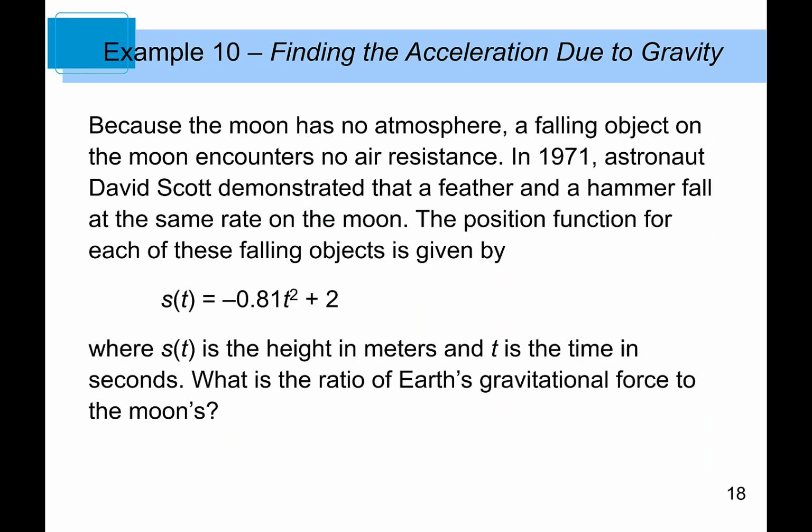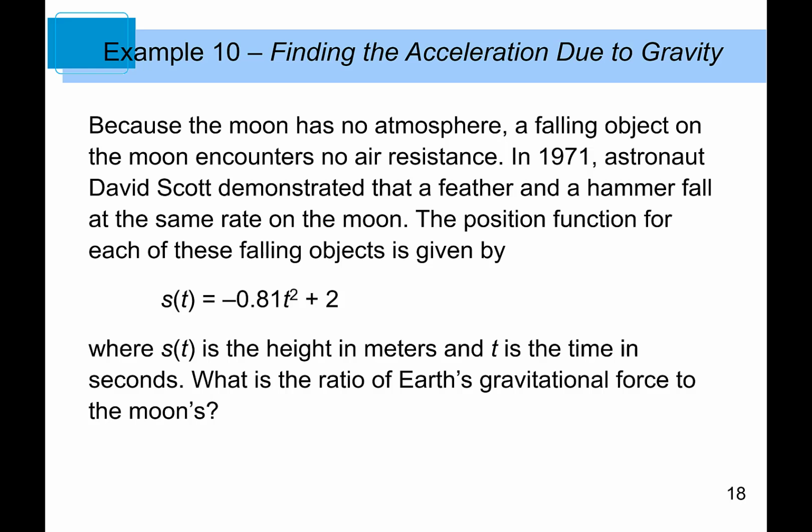So let's take a look at an example. Find the acceleration due to gravity. Because the moon has no atmosphere, a falling object on the moon encounters no air resistance. In 1971, astronaut David Scott demonstrated that a feather and a hammer fall at the same rate on the moon.